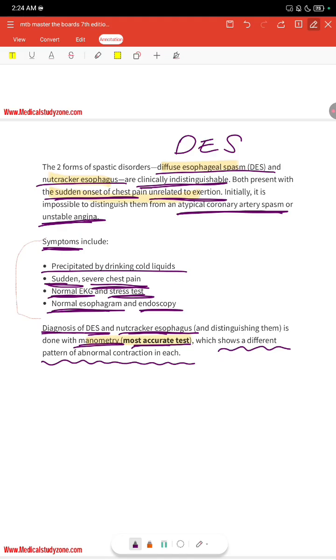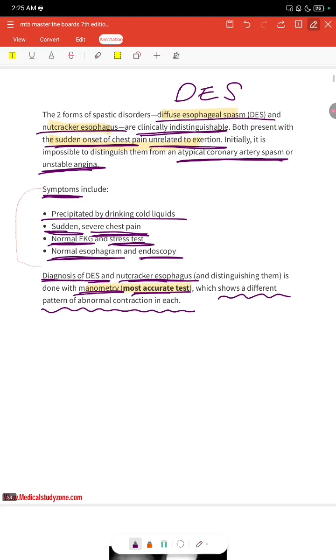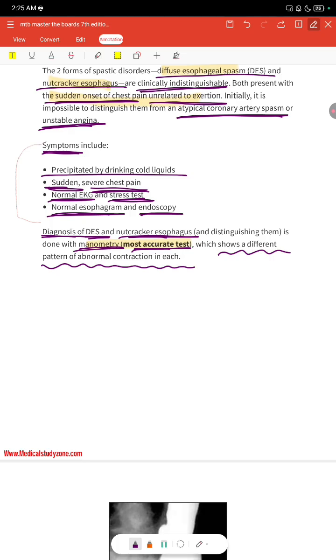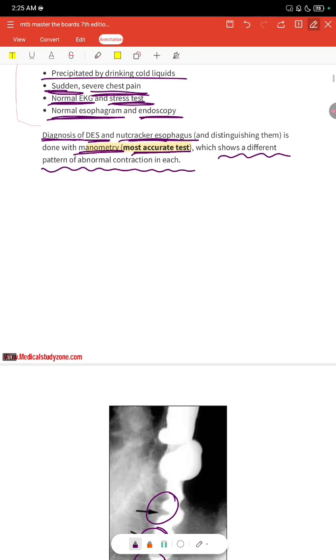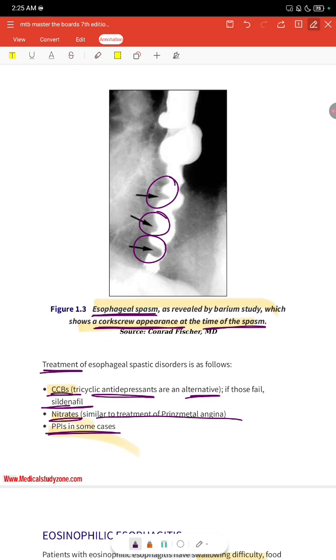The symptoms include that it is precipitated by drinking cold liquids. It causes sudden severe chest pain. The EKG and stress test are normal. Esophagram and endoscopy are normal. Then you go for manometry, the most accurate test, which shows a different pattern of abnormal contraction in each of them. And here is the depiction of esophageal spasm.